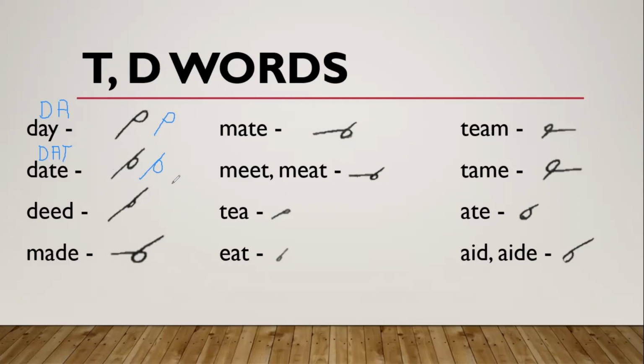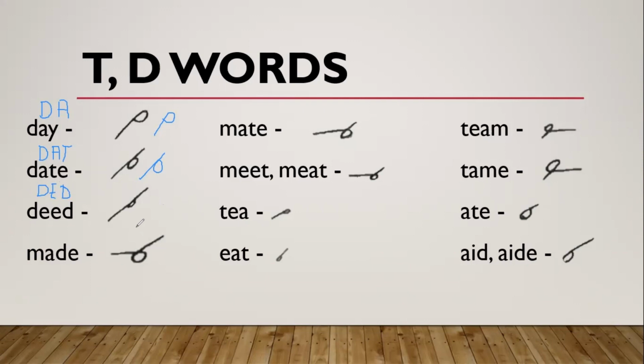Okay, so same as this one, did. It is D, E, D. Okay, did. So, pinakinggan lang natin yung sound na maririnig natin sa word, and we will write it here first, okay?